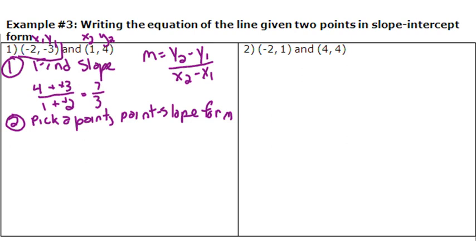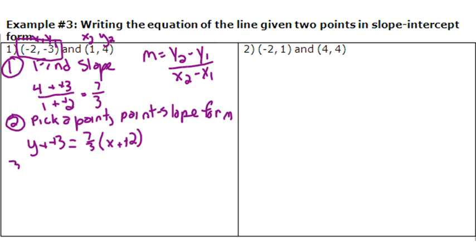So I'm going to pick negative 2, negative 3, and I'm going to write my equation in point slope form. So I would have y minus negative 3 equals my slope, which is 7/3, times x minus negative 2.